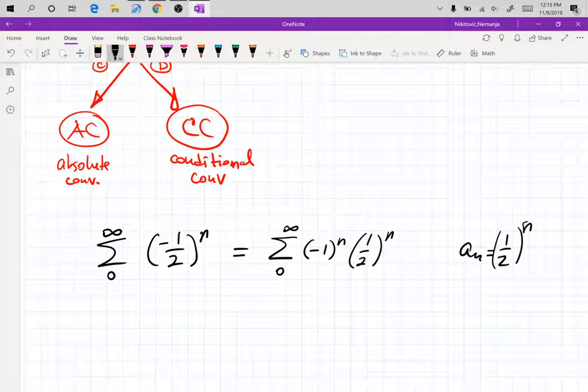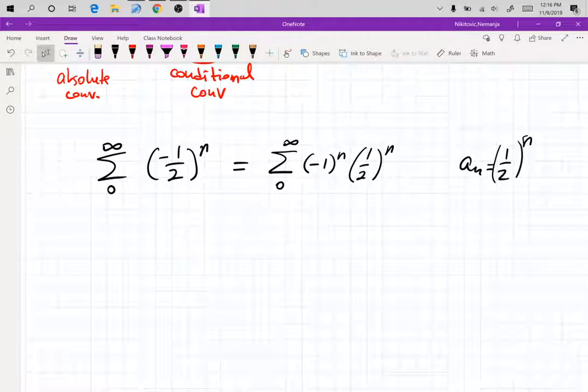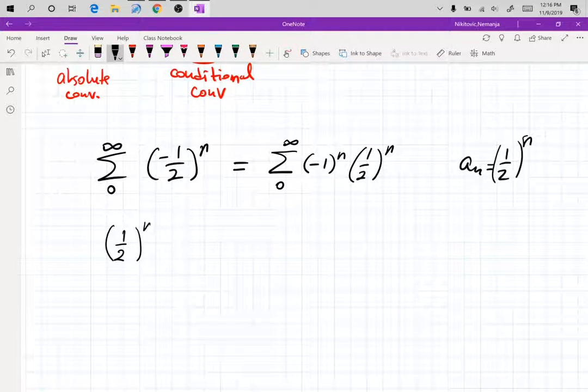So your first job is to make sure that (-1)^n is separated, right? And if it's separated from the rest, then the rest is a_n. And that a_n is what you are going to use later on. So now we are going to start using this a_n. So it is 1/2 to the n, right? a_n equals, is it decreasing?